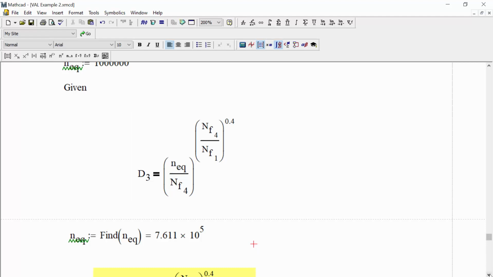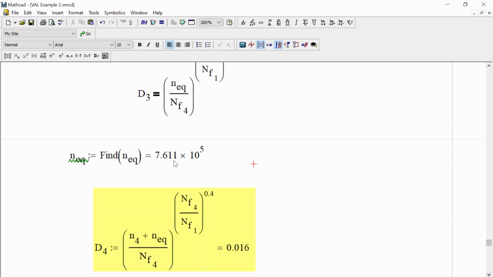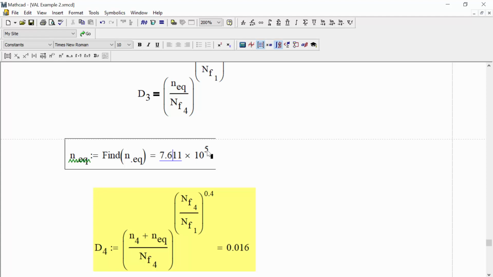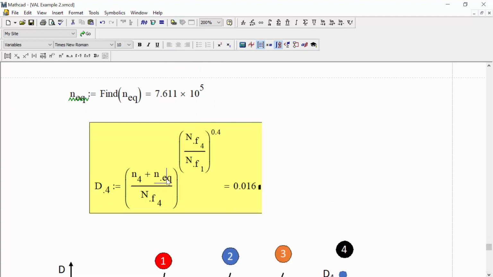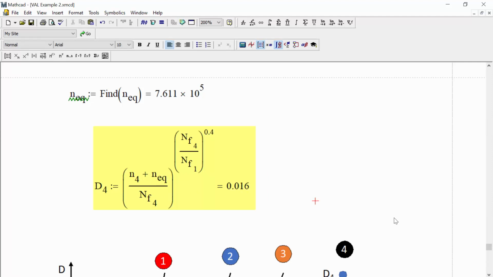We find that the NEQ is equal to 7.611 times 10 to the 5, and then we put that damage, so this NEQ represents the prior damage from the prior 3 steps, plus the damage that's accumulated for the fourth step to give us D4 is equal to 0.016.